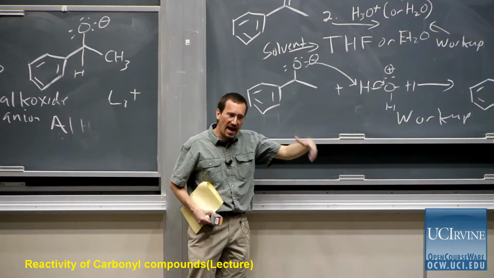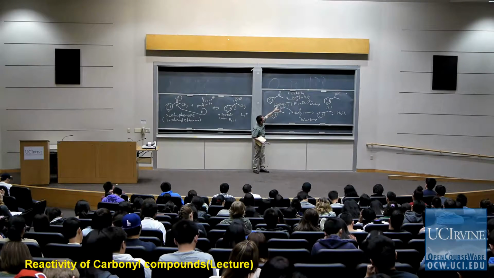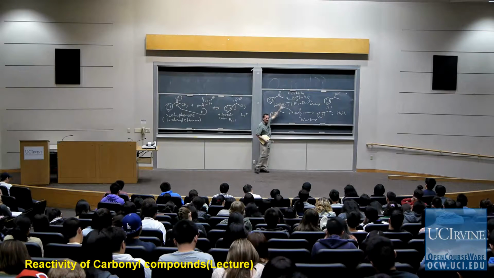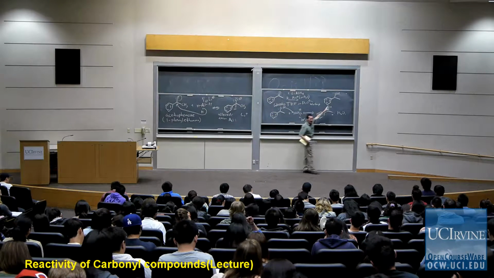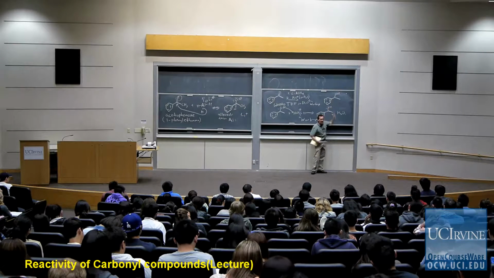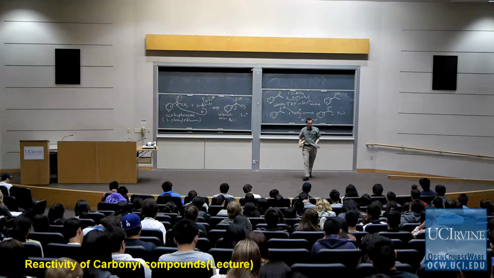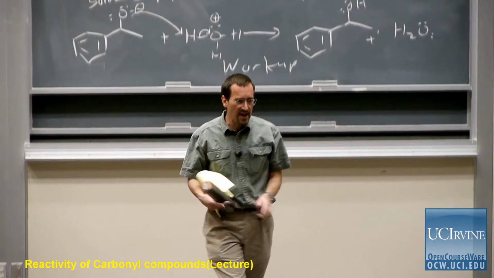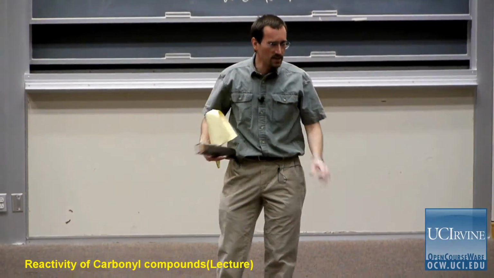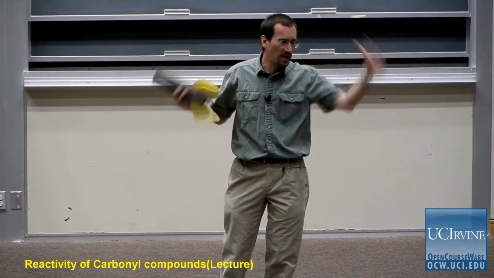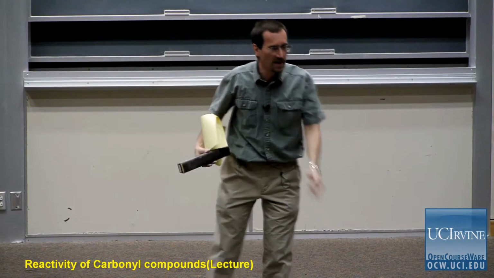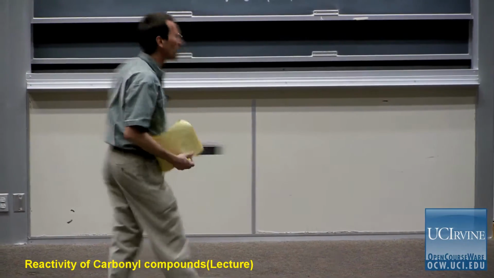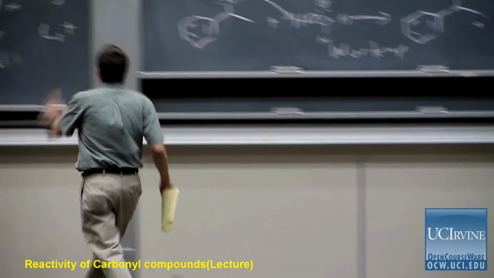Of course, you couldn't make a tertiary alcohol with a hydride nucleophile because by definition, hydride is going to add a hydride. Next class, we'll learn about Grignard reagents and organolithium reagents that instead of adding quote-unquote H minus, can add an alkyl group like quote-unquote methyl minus, and you'll see how to make, for example, tertiary alcohols.